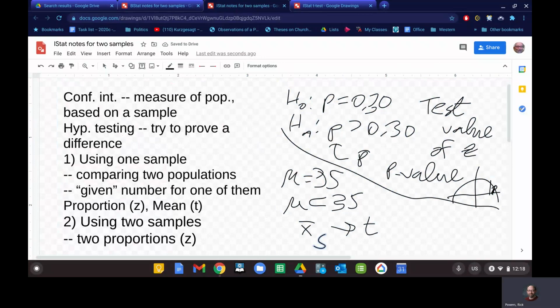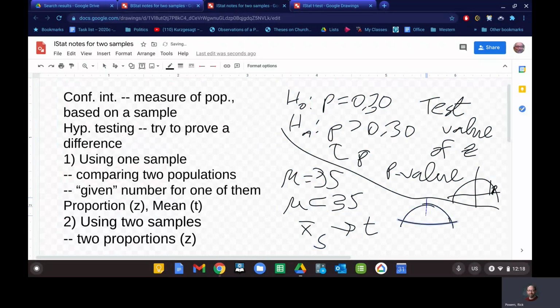So the sample standard deviation with this sample mean, and using those in relation to this hypothesized mean, that's going to give us our t-value, which once again is going to go on our graph of t.